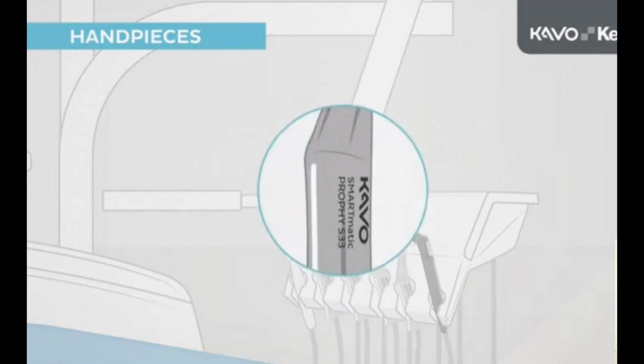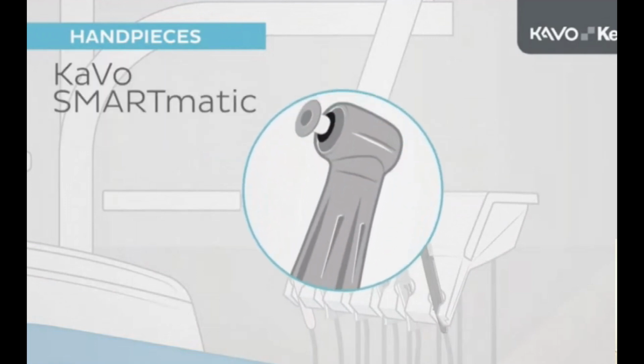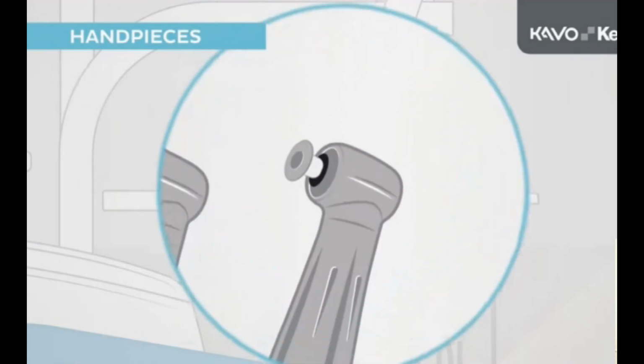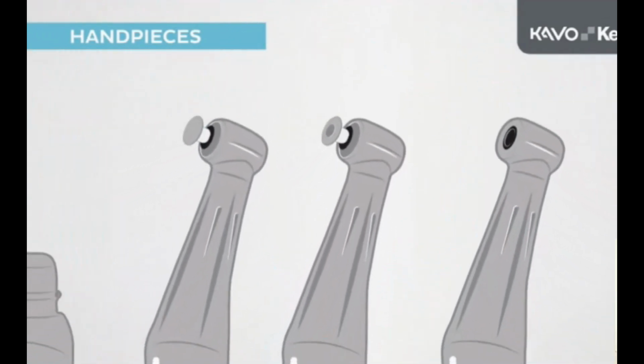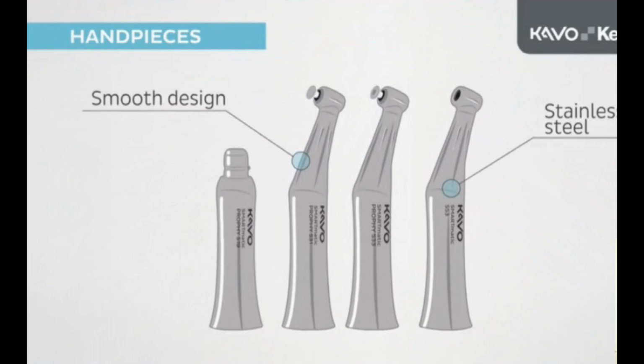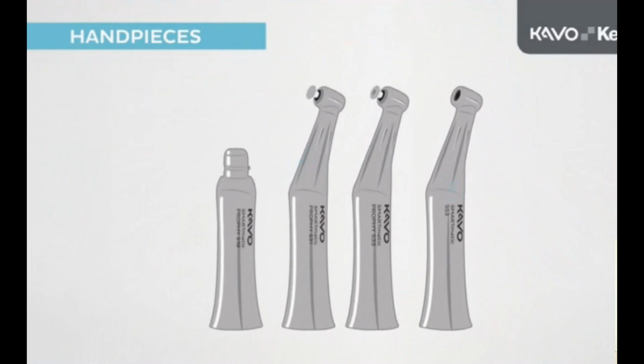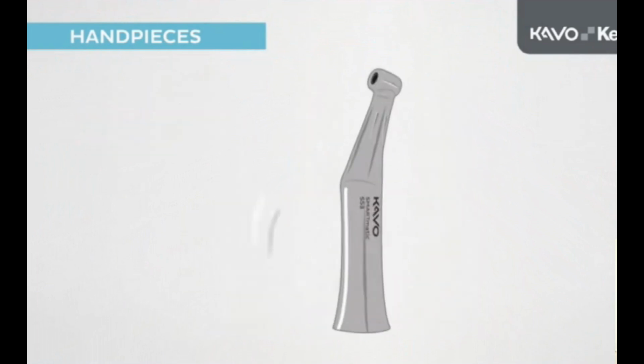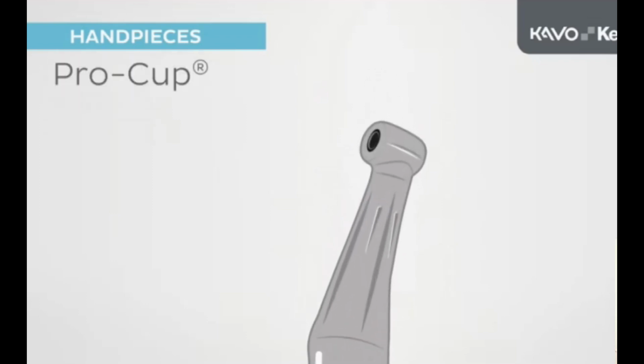A special seal in the Cavo Smartmatic heads prevents these intrusions. Moreover, the Smartmatic series is designed for automatic reprocessing, and its smooth design and rust-free stainless steel surfaces make it considerably easy to clean. To further limit risks, use ProCup, disposable Profi cups designed to minimize splatter.